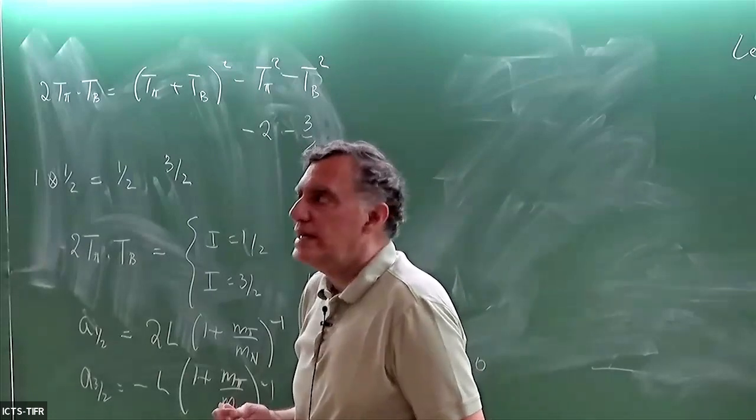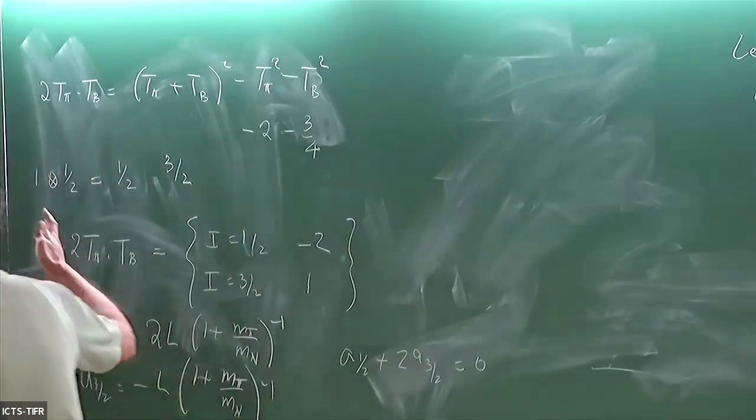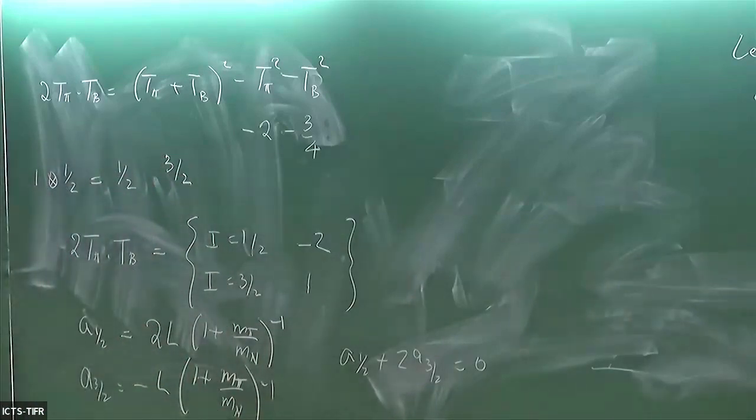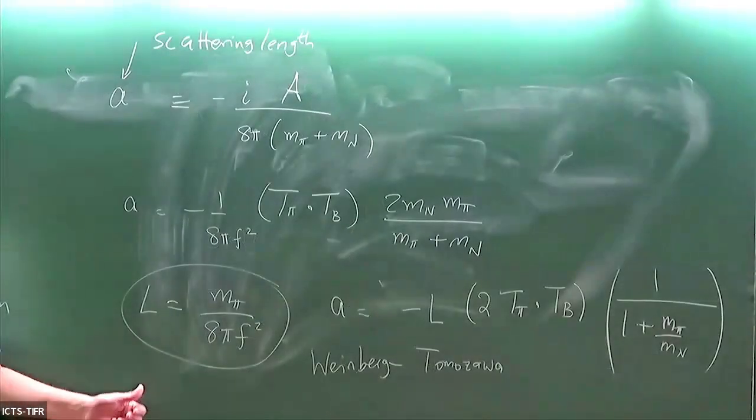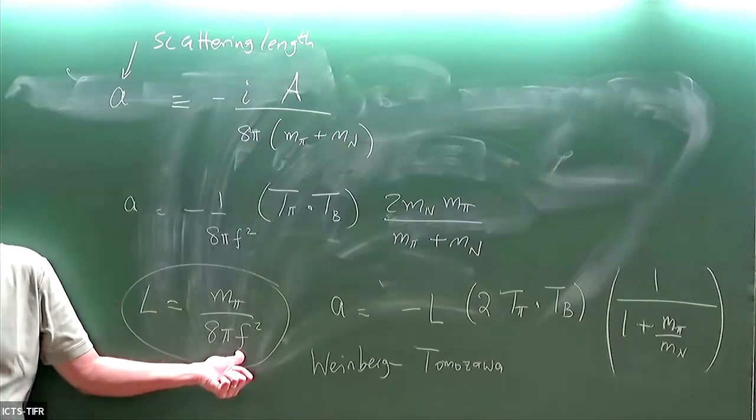And maybe today it's not appreciated, but what is the result in terms of? It's in terms of L, which is 8 pi over f squared. And how did we get f? We got f from pi to mu nu decay, which is a weak decay.